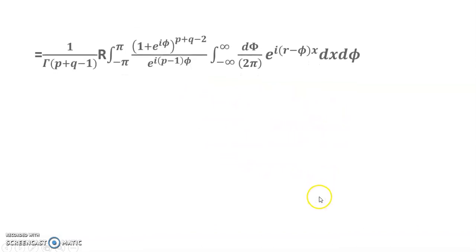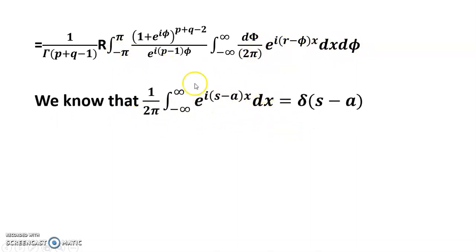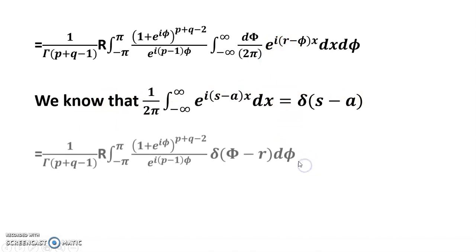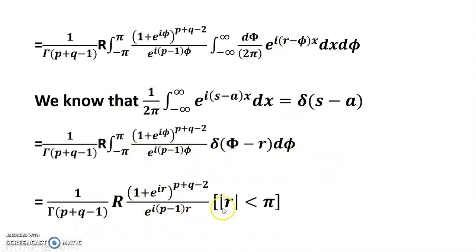And minus infinity to infinity d phi divided by 2 pi, and e to the power i (r minus phi) x dx d phi, and this is from minus pi to pi. And we know that this is the Dirac delta function. I used the Dirac delta function here, and I get the Iverson bracket formula, the Iverson bracket of delta (phi minus r).